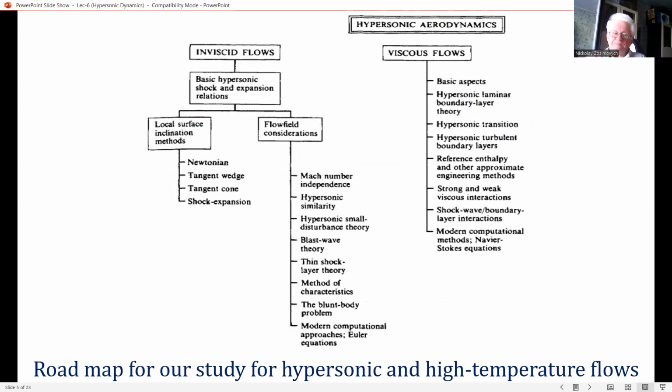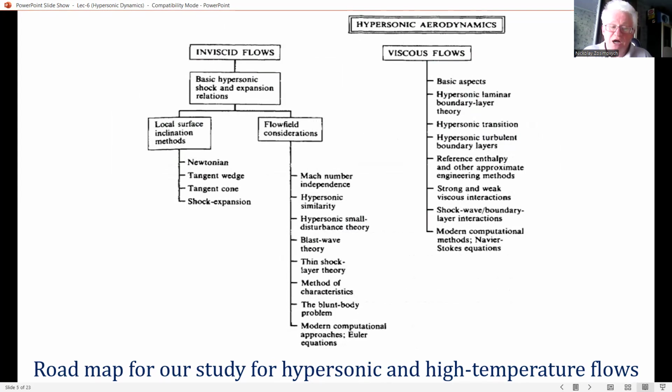For the remainder of the items listed under flow field consideration in this slide, we will deal with actual solutions of the governing equation for specific cases.